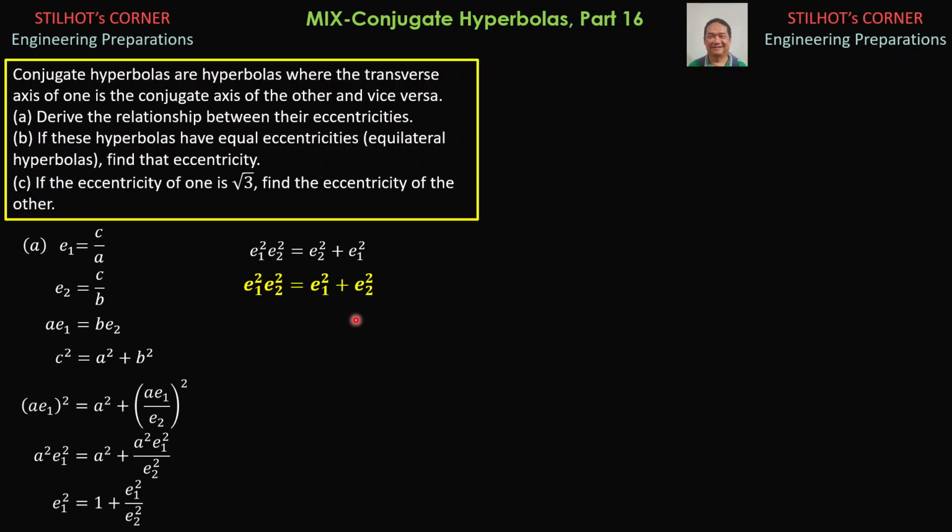So this is the relationship between eccentricities of conjugate hyperbolas. Next, we proceed to 2. So from this relation, E1 square E sub 2 square equals E sub 1 square plus E sub 2 square.